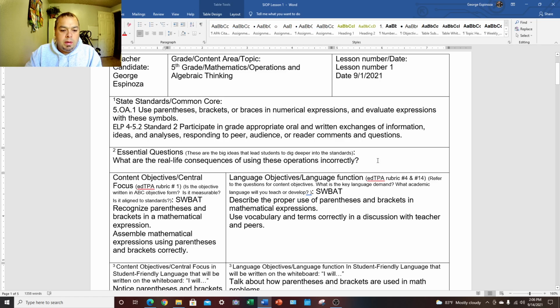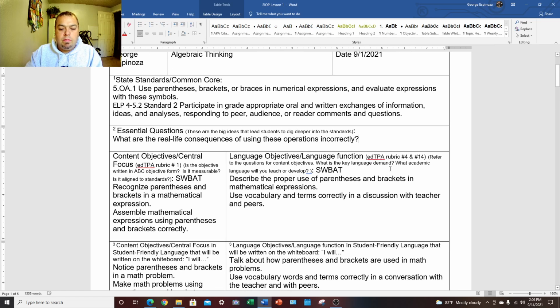So I tried to think about it from my perspective, mainly being, I didn't really ever consider what math would be used for as I got out to the real world. So I came up with the question, what are the real life consequences of using these operations incorrectly? Which in my life I would have found out the hard way, what these consequences look like in real life.